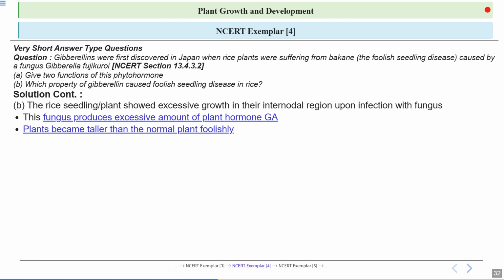This hormone was first discovered in Japan when the rice plants were affected by this particular disease. The plants were taller than the normal plants. It many times results in the death of the plant. This hormone also causes the death of the plant.